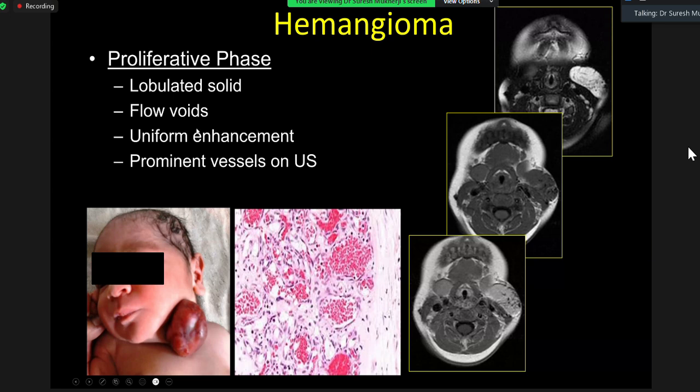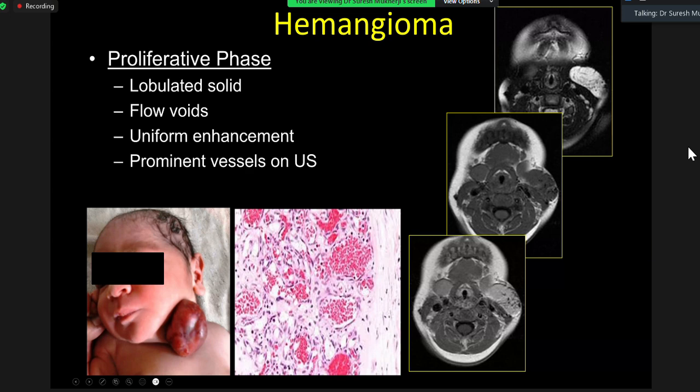But my point is that when you have these hemangiomas in the proliferative phase, they will present with a lobulated mass such as this. And the key thing here is notice how it's high T2 signal. And I want to emphasize that high T2 signal. You can see the lobulated appearance. And if you look real closely, especially on the non-contrast T1 weighted images, we can see these flow voids.